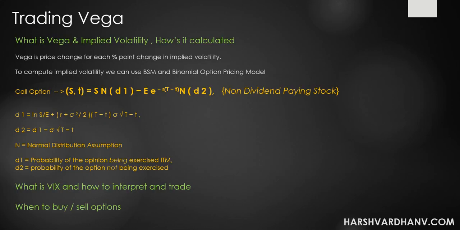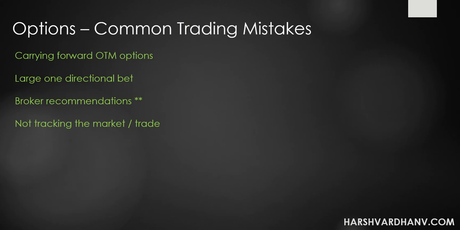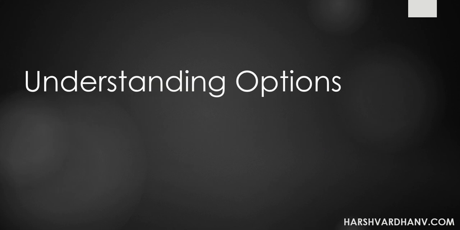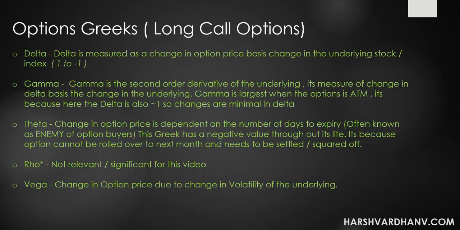So what you do is basically you choose what to do with your option. You either buy or you sell the options. Now from the definition, we know that Vega has a positive impact on the market, right?